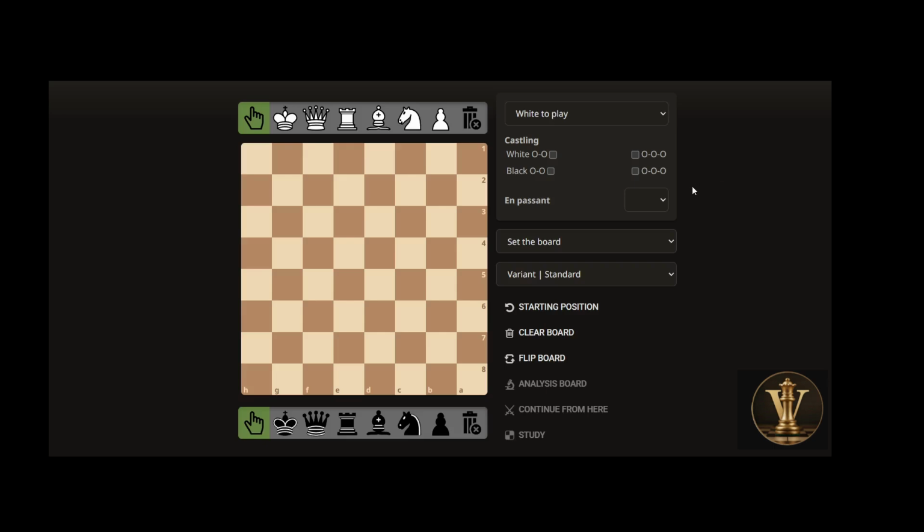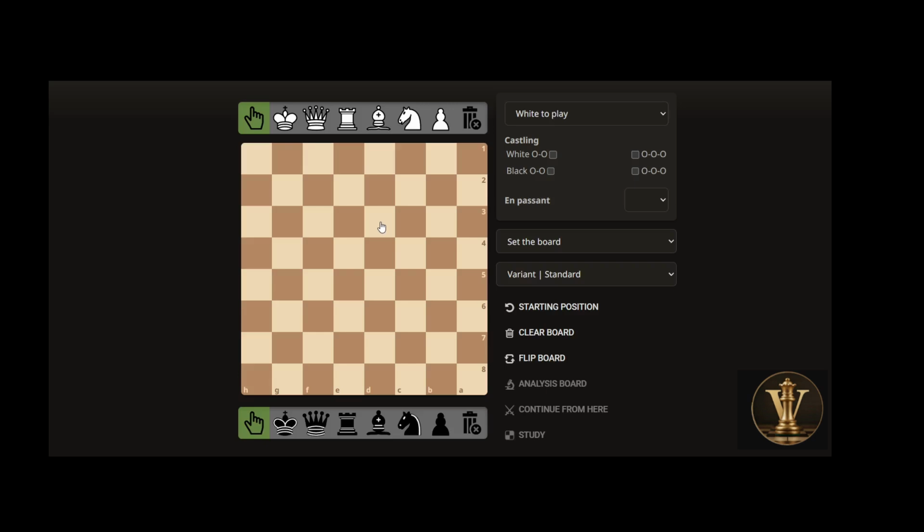So let's get started. Here we have a chessboard, and as you can see, it has 64 squares. It has 8 rows and 8 columns. There are some dark squares like this, and there are some light squares like this. Now, in the context of chess, rows are considered to be ranks and columns are considered to be files.